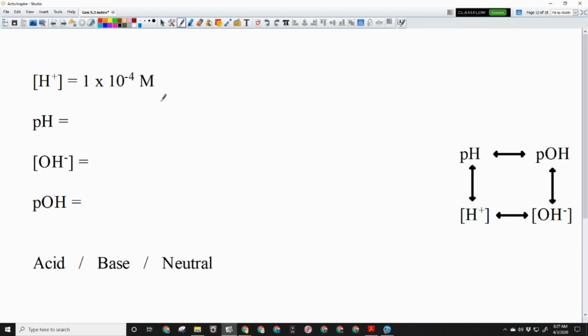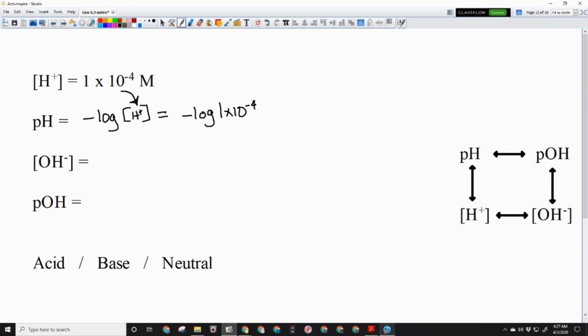So to get the pH, remember the formula for pH is the negative log of the hydrogen ion concentration. Okay, and so the hydrogen ion concentration is given to us right here. So we're going to substitute this number into this spot right here because see, it's the concentration of, or the brackets, hydrogen. Here's brackets, hydrogen. So this is the negative log of 1 times 10 to the negative 4th.